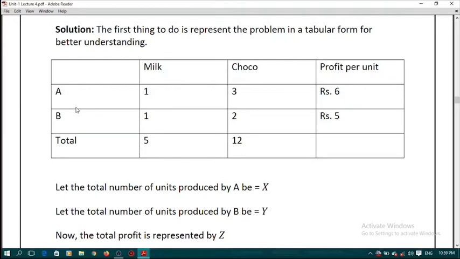For chocolate A, 1 unit of milk, 3 units of choco, and profit gain is rupees 6 per unit. For chocolate B, 1 unit of milk, 2 units of choco, and profit gain is rupees 5. And here we have the number 5, which is not the total of these two units. Actually, the company kitchen has only 5 units of milk in total, and 12 units of choco.